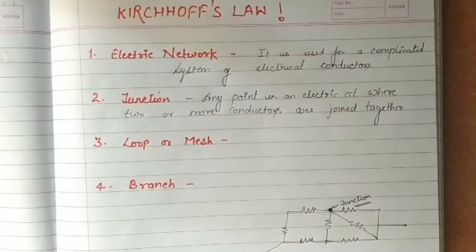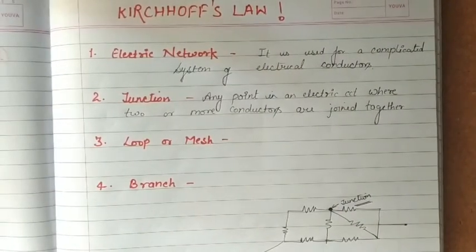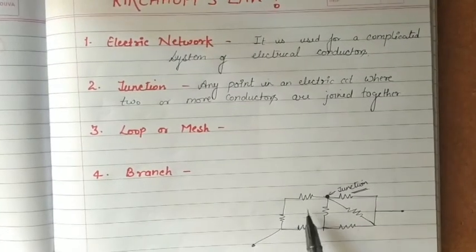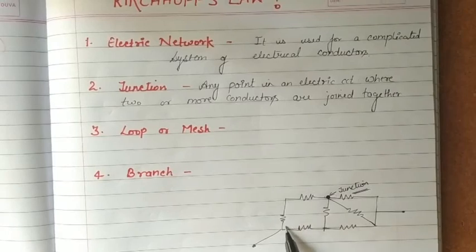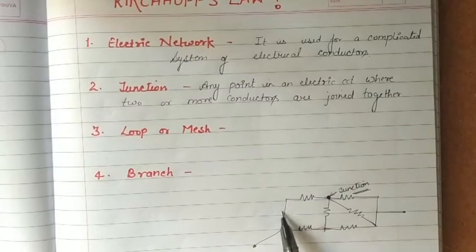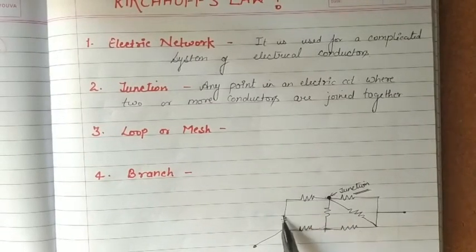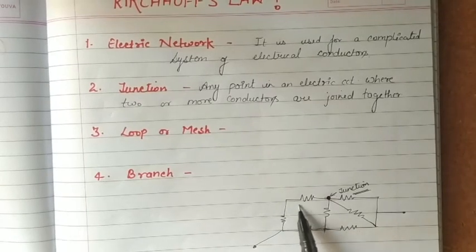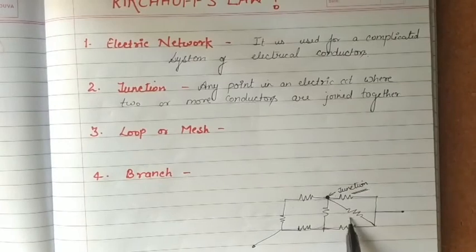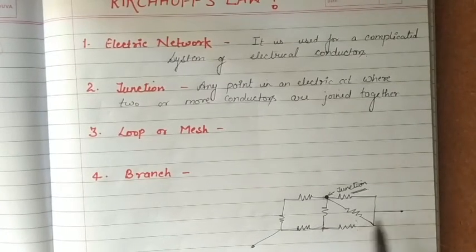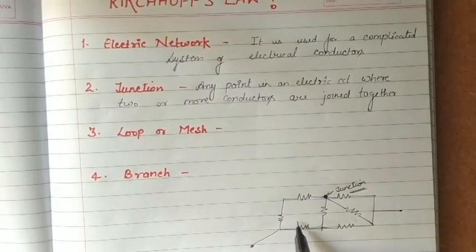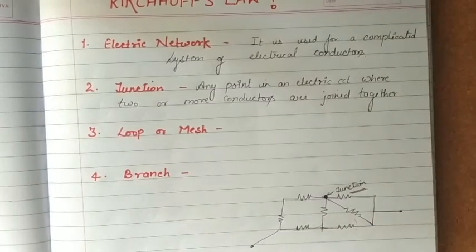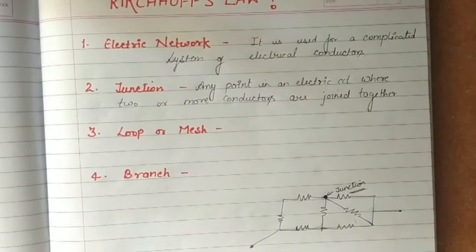What is a loop? So loop is any closed conducting path in an electric network. For example, in this network, this is an electric path which is closed. Means this is a closed conducting path, right? This is also a closed conducting path. So this closed conducting path in an electric network is called a loop or a mesh.